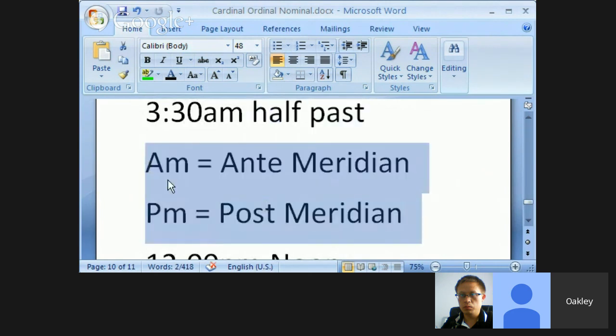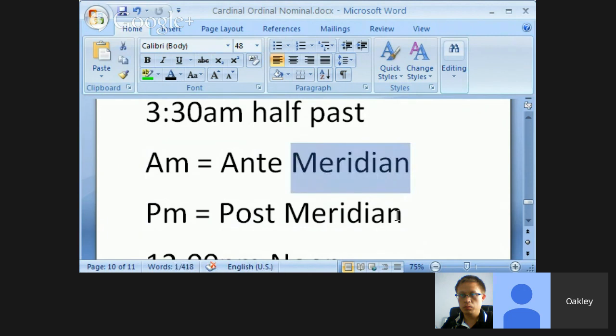These two, ante meridiem, post meridiem. It's time. Yeah, that's the time. What is meridian?